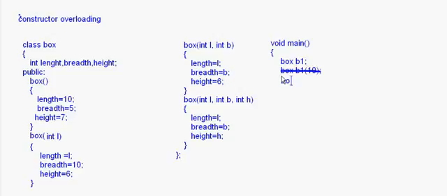Okay, I will put the second one, box B2, and within this 10, and I am going to make one more constructor, box B3, here I write 10 comma 11, and one more object, box B4, and here I write 5 comma 6 comma 8, like this, and then return, and then the class is closed.